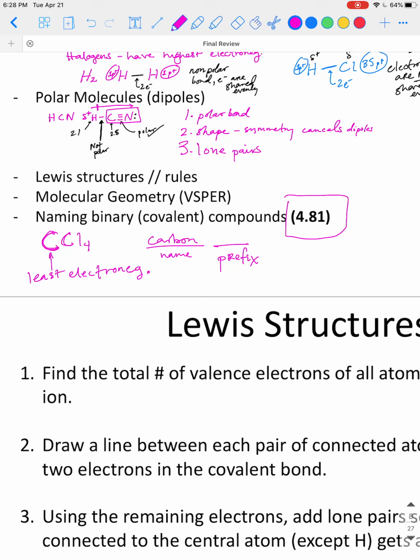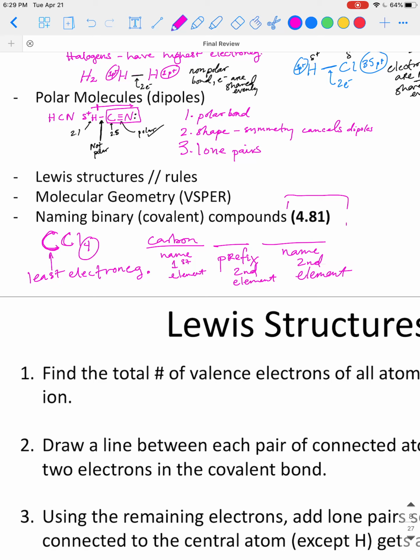Number 2, you put the prefix for the second element. So this is the name of the first element. Then you put the prefix for the second element. And then you put the name of the second element.